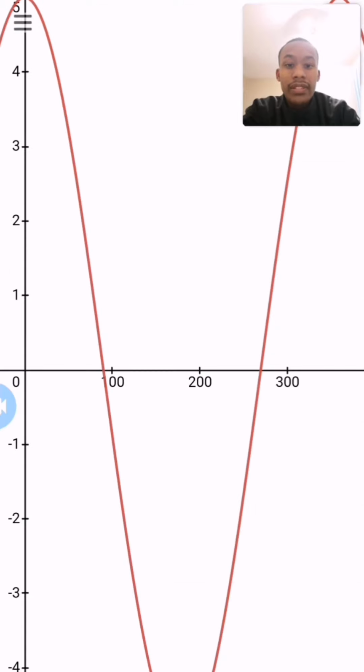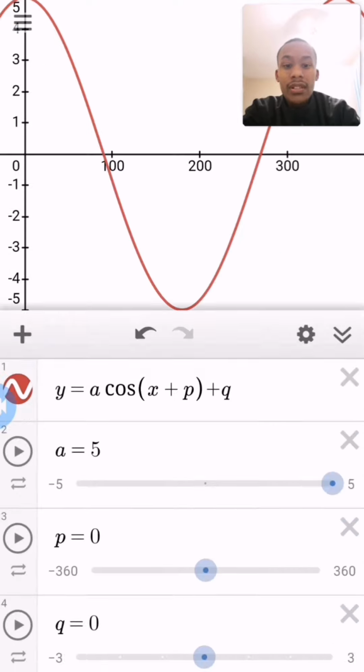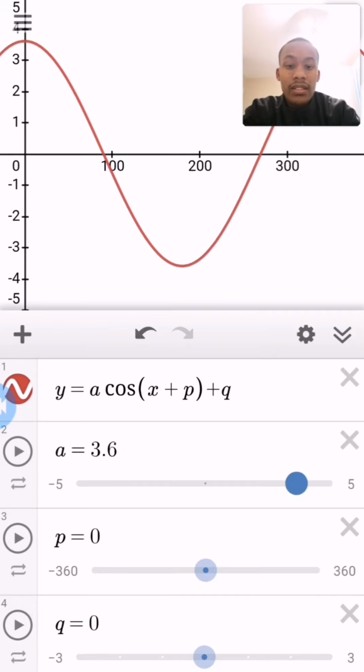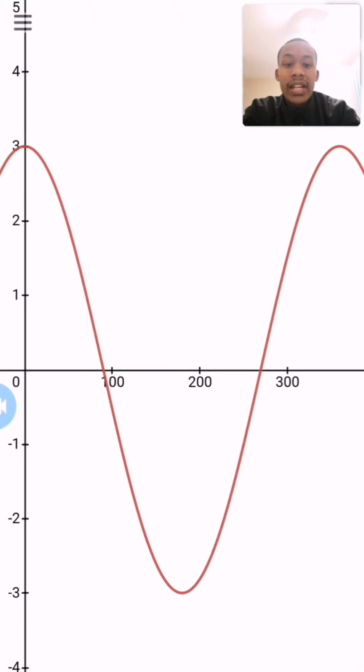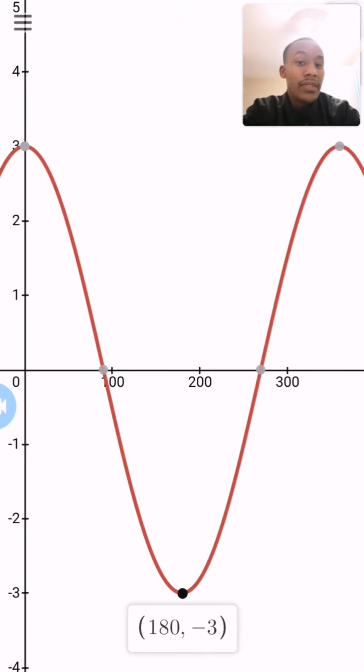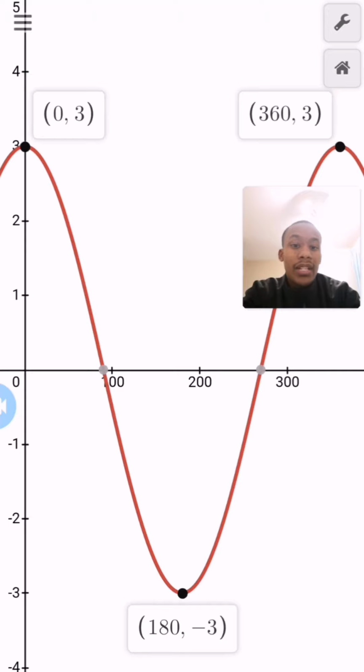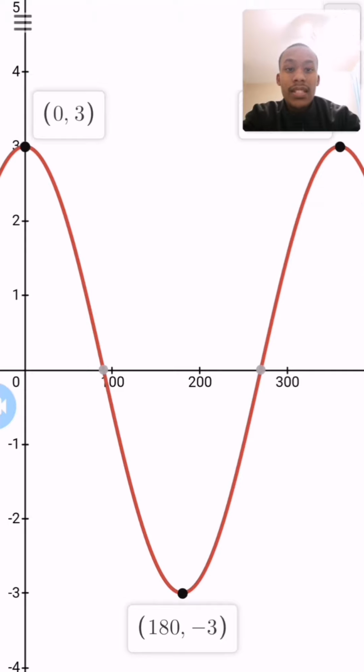Let's make it 3, for instance. If I have it at 3, then the minimum point is still at 180, but it's -3 now, and the maximum points will be again at 0 and 360, but the maximum value is 3 in this case.